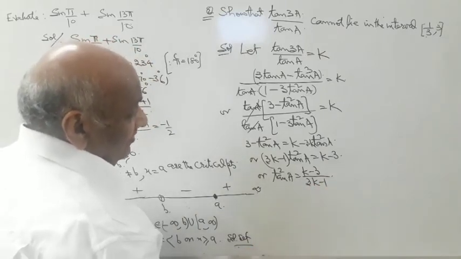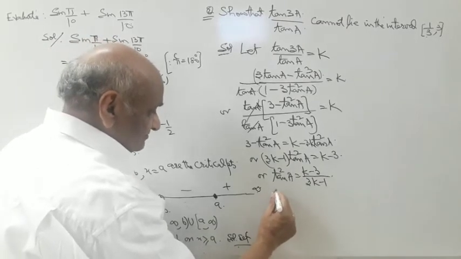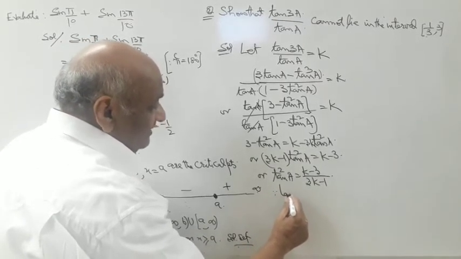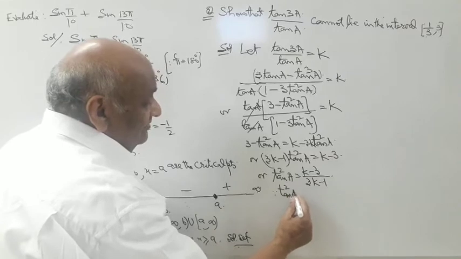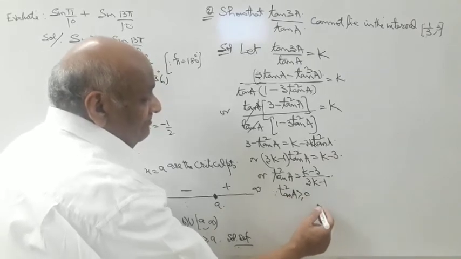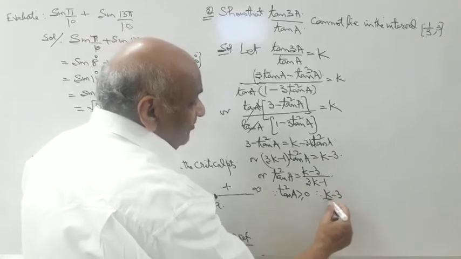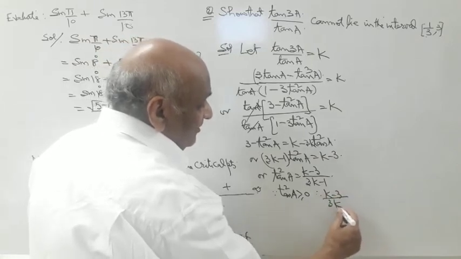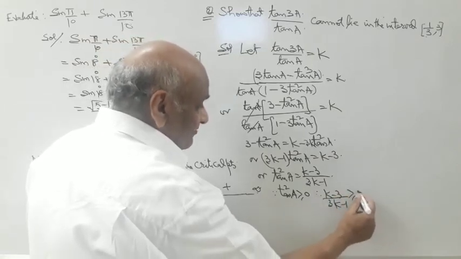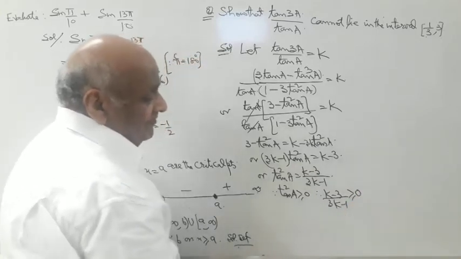Now, because tan square a is greater than or equal to 0, therefore (k minus 3) upon (3k minus 1) is greater than or equal to 0.